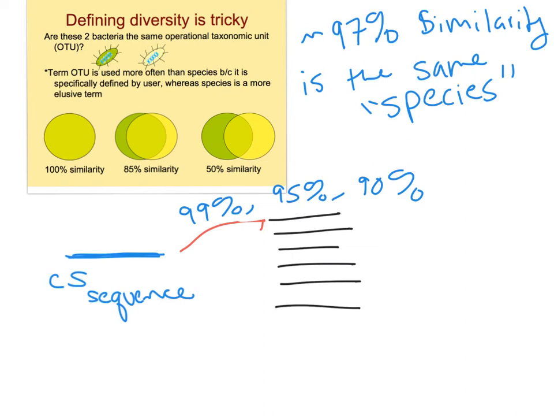So if it's 16S, can you just compare the variable parts then? Yeah, that is the variable parts. So in the variable region of 16S, if this particular sequence is 97% similar to this, then you would call that a species.